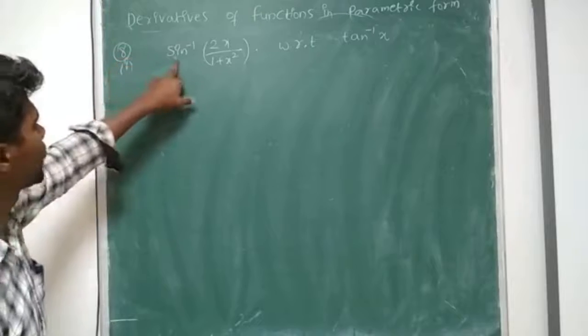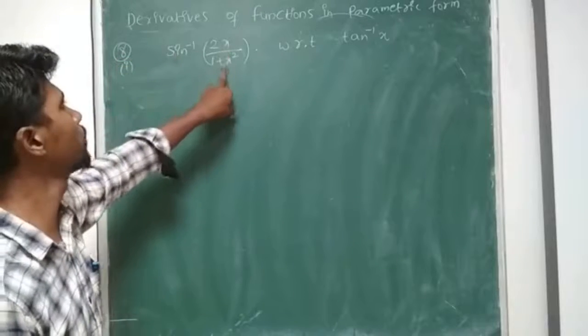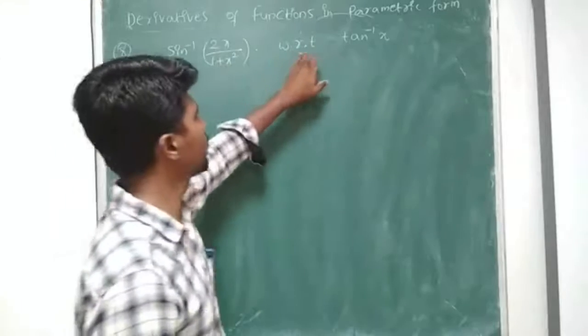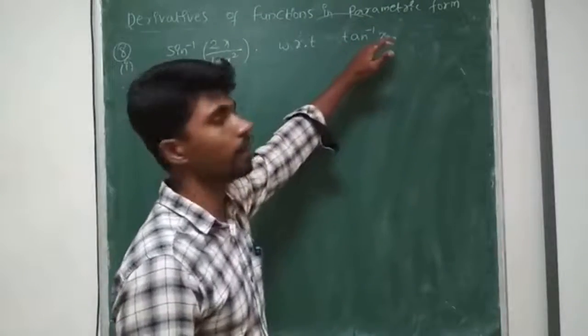Okay, differentiate sin inverse of 2x by 1 plus x square with respect to tan inverse of x.